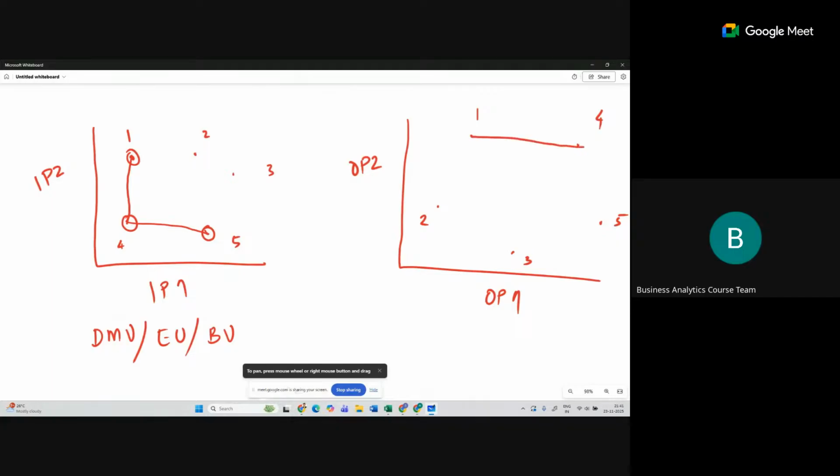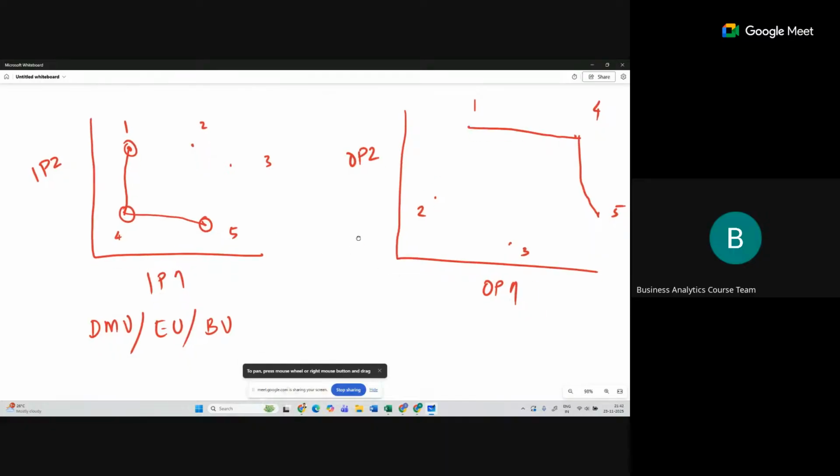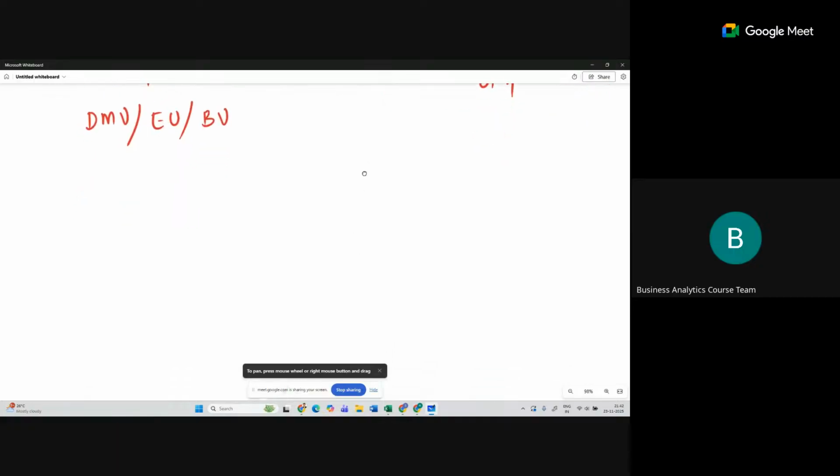These are efficient. DMUs 1, 4, 5 are efficient because they are producing relatively more output in comparison to 2 and 3. So DEA measures relative efficiency.